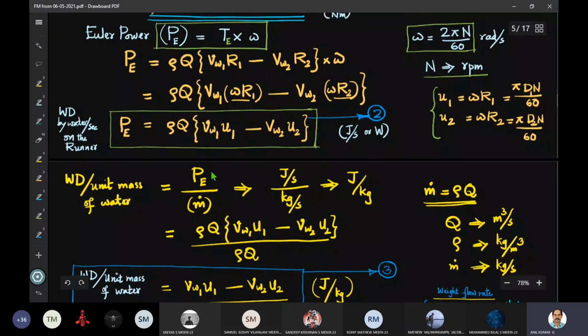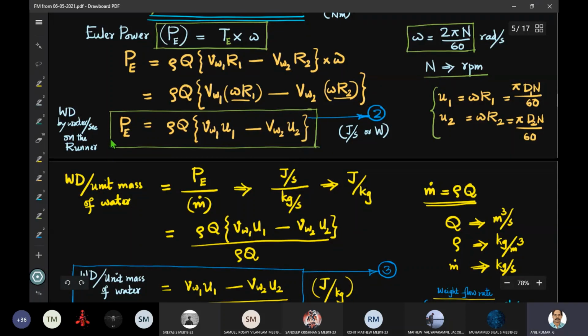Tangential velocity of the fluid at inlet is VW1, tangential velocity of the fluid at outlet is VW2, and U1 is the tangential velocity of the wheel or blade at inlet. Tangential velocity of the blade at outlet is U2.